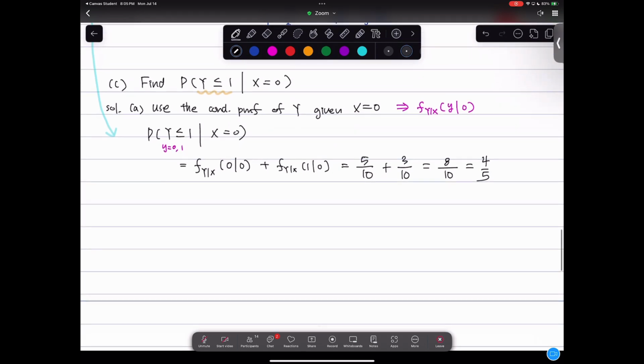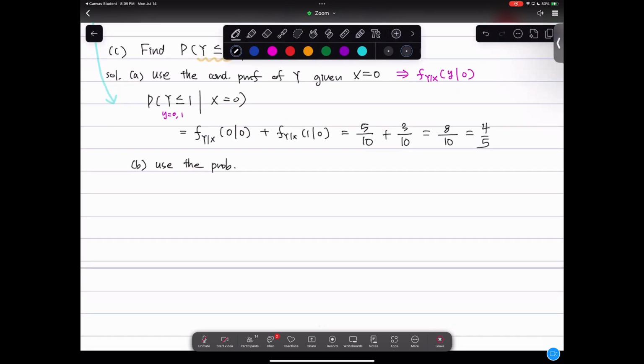Well, this is one possibility. Number 2, you can use the regular probability for the discrete case. For example, the probability that y is less than or equal to 1 given x equals 0. Think of it as a conditional probability. The denominator is the probability that x equals 0. The numerator: x is 0, but your y is less than or equal to 1.